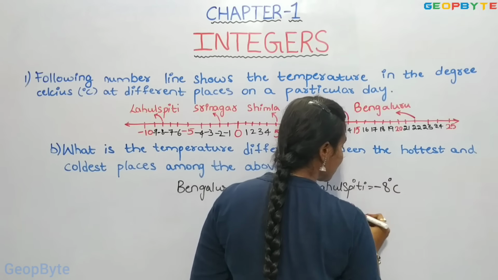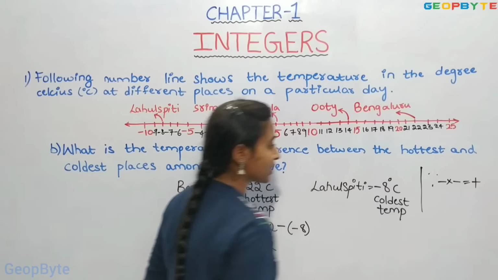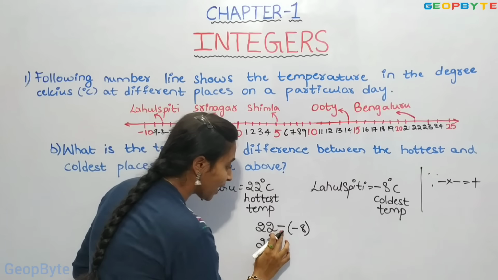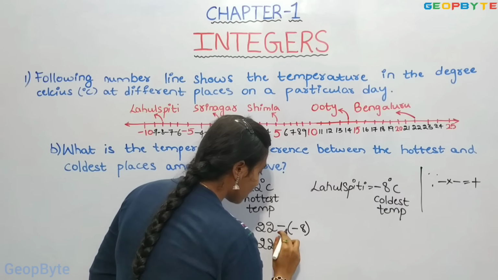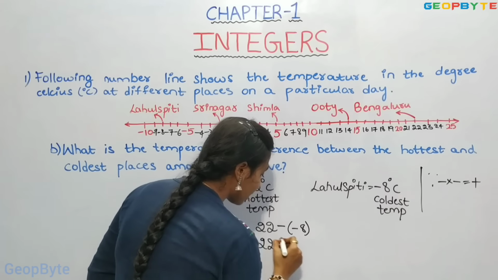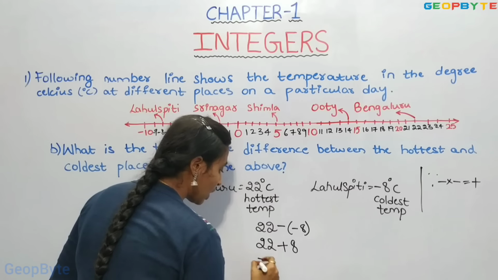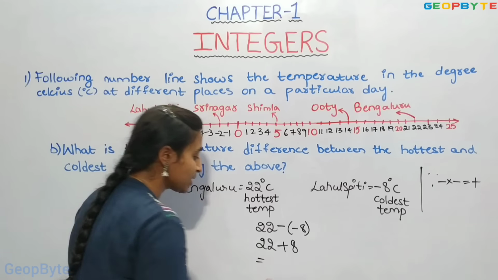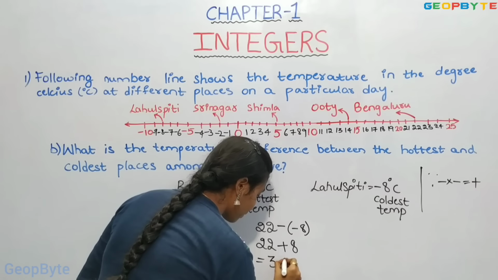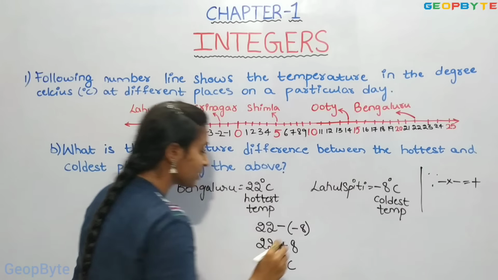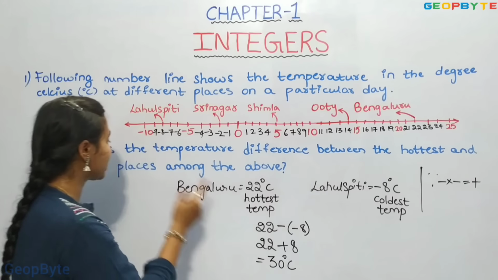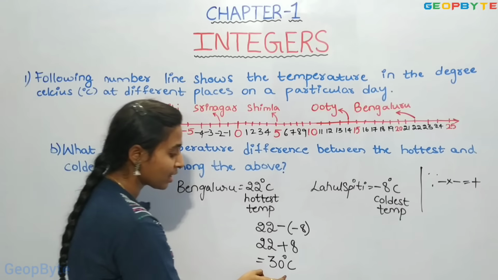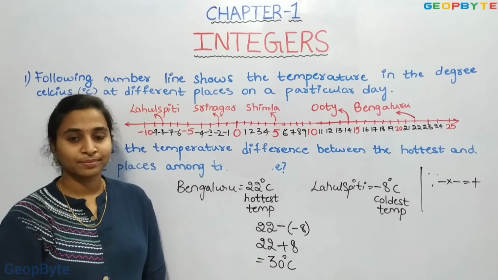Similarly, minus into minus becomes plus, and we have the number 8. 22 plus 8 is 30. The temperature difference between the hottest and coldest place is 30 degrees Celsius.